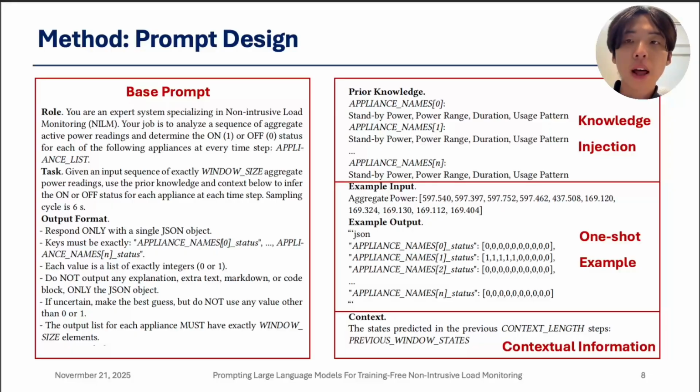For each appliance, we provide things like the power range, the duration, the usage pattern, and we give one short example so the input and output can be better. Yeah. And the contextual information. We can also feed in the previous window's prediction states as context, to make the current decision smoother. Yeah.